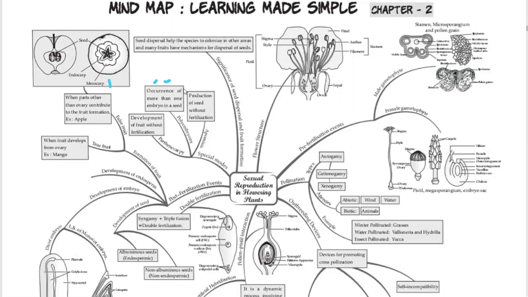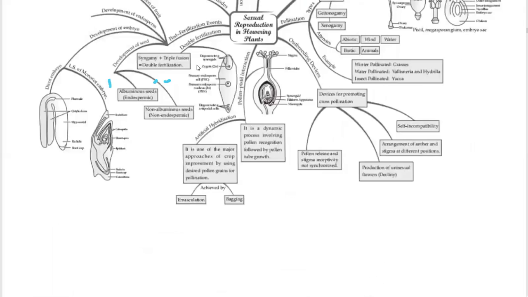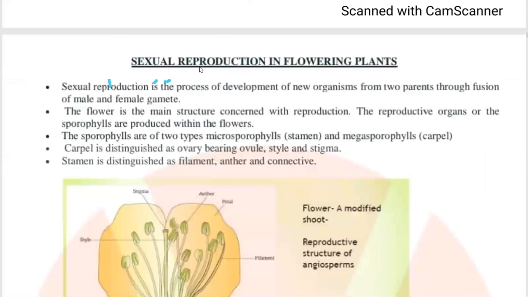Actually, there is only one embryo in a seed, but if there is more than one, we say it is polyembryony. Then apomixis, and the significance of seed dispersal and fruit formation. Seed dispersal helps the species to colonize other areas, and many fruits have mechanisms for dispersal of seeds. So this was our chapter in basic.